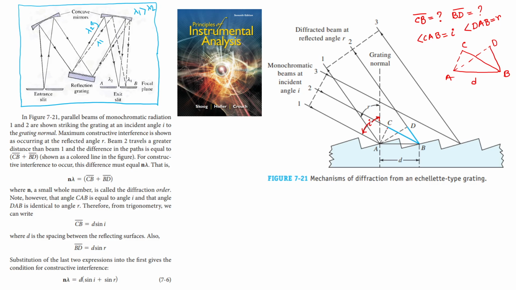Now we are going to focus only on this triangle ACB. We want to know what is the angle CAB. For triangle ABC, we know the angle ACB is 90 degrees.